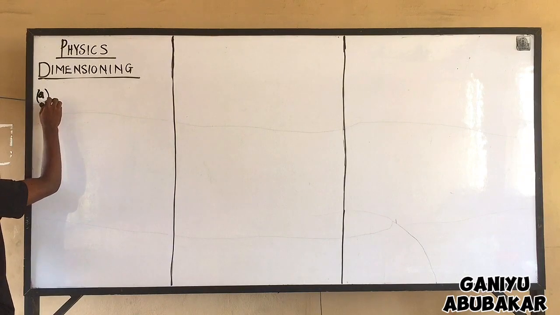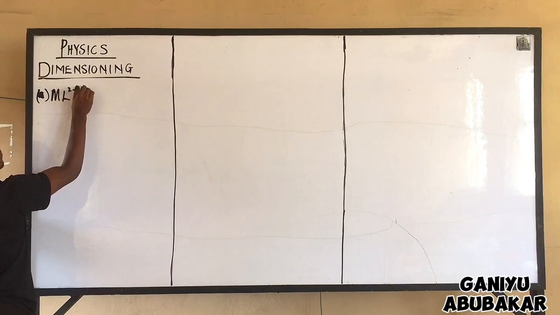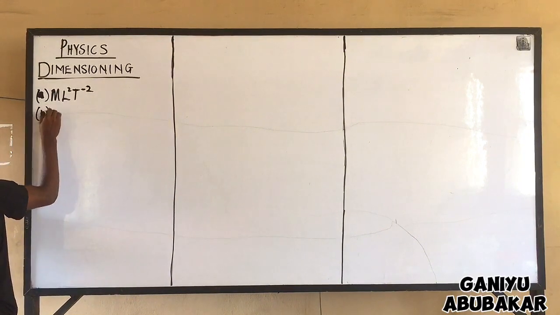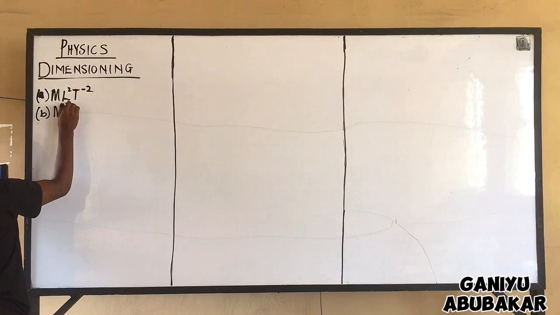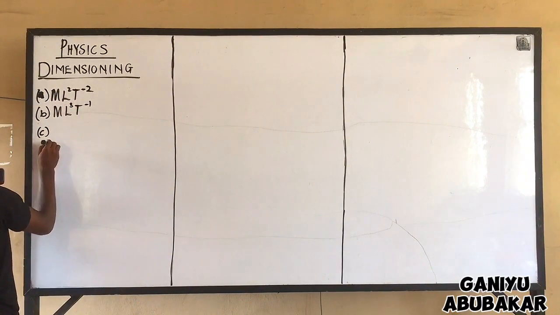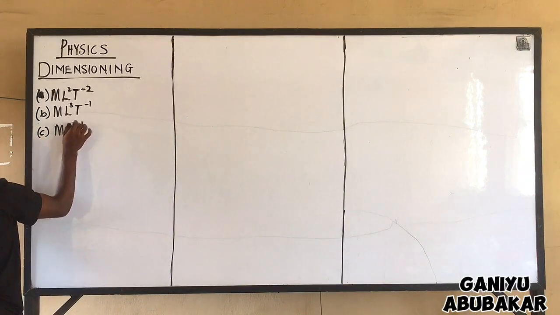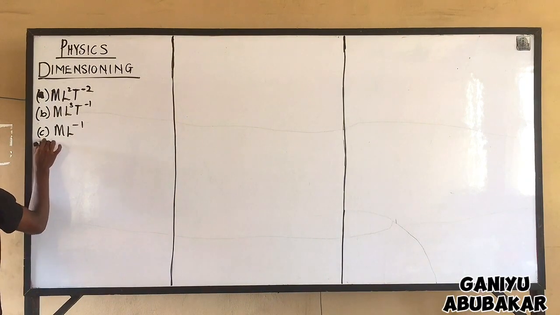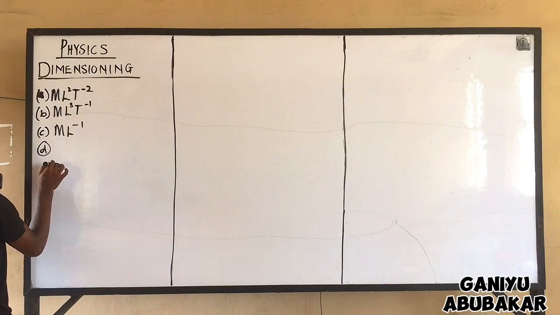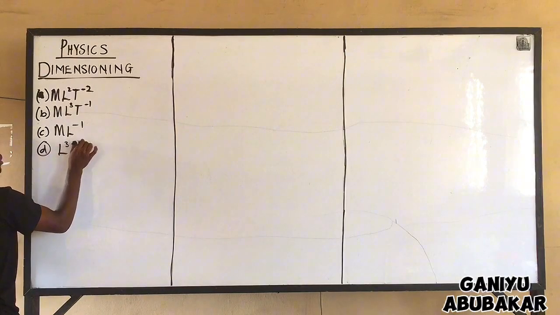Option A is given as ML squared T to the power minus 2. Option B, ML cubed T to the power minus 1. Option C, MLT to the power minus 1. Option D, L cubed to the power minus 1.